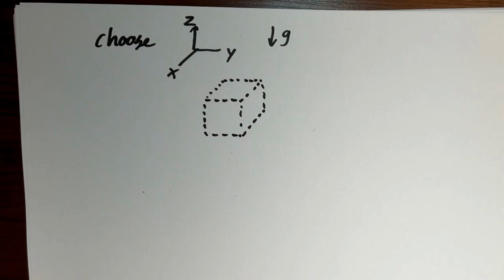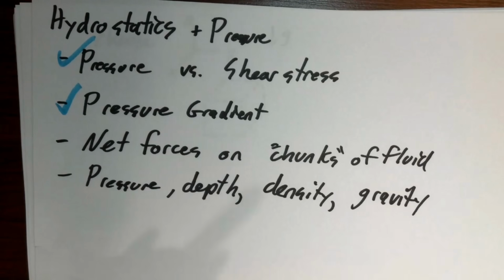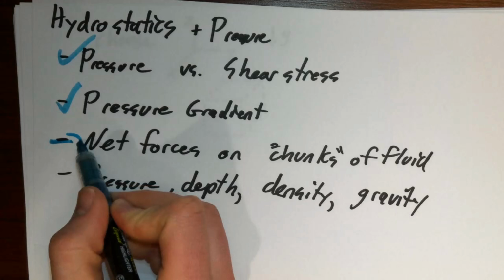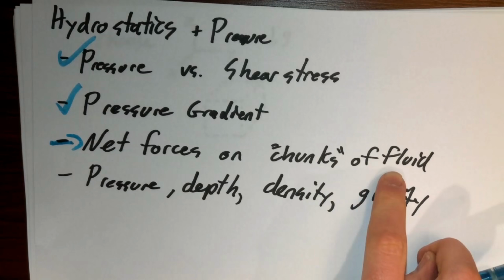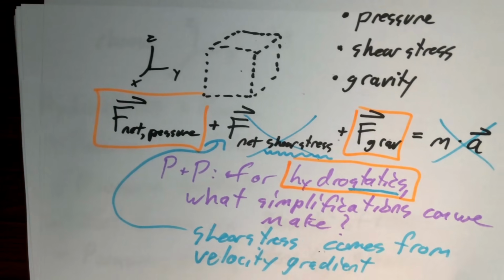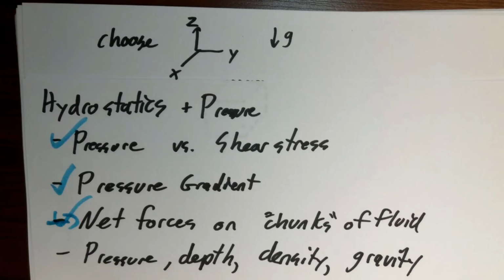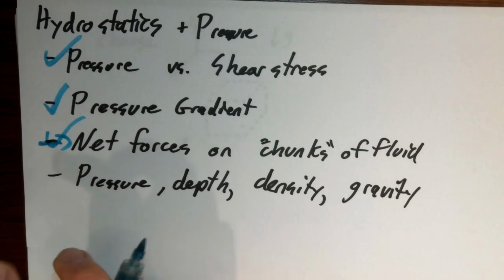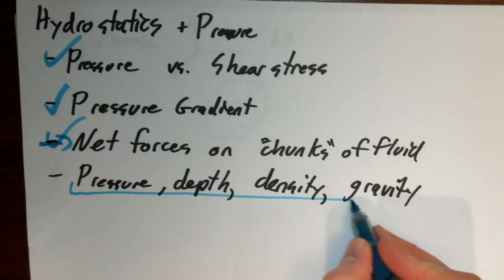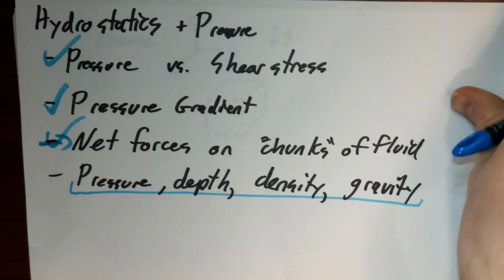And ultimately, what are we trying to do in our analysis of hydrostatics? We're looking to fully flesh out net forces on chunks of fluid, and in this case, it's going to be pressure and gravity. And we're looking to develop a relationship between pressure, depth, densities of these fluids, and gravity.